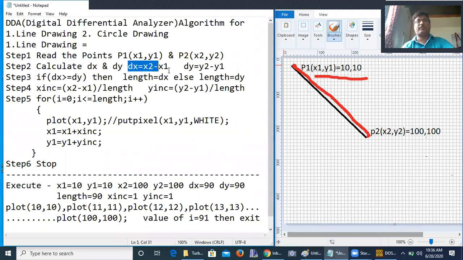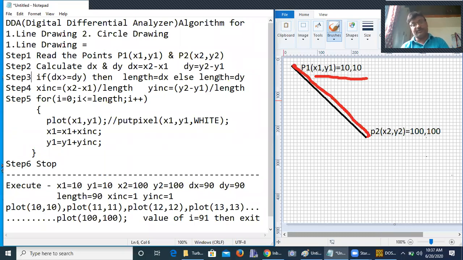Dx is equal to x2 minus x1, dy is equal to y2 minus y1. That is just the difference between these two. Now step 3, if dx is greater than dy, then length is equal to dx, otherwise length is equal to dy. This is the way you can calculate the length in the DDA algorithm, digital differential analyzer.